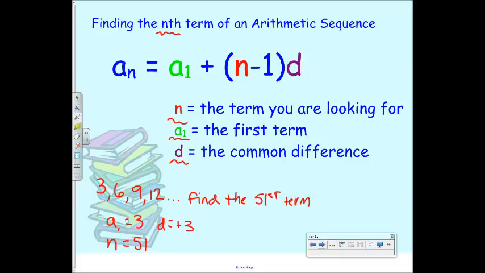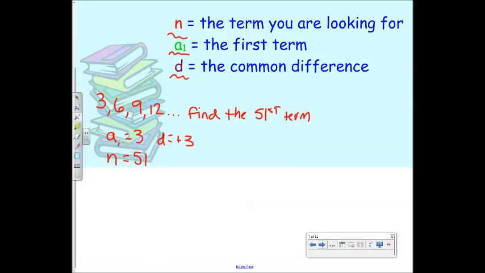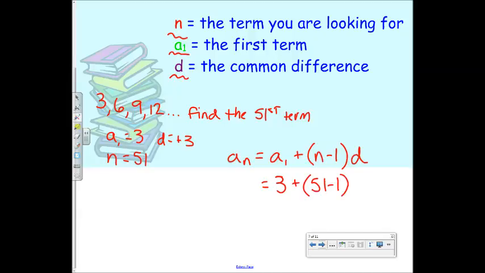So again, the formula is AN equals A1 plus N minus 1 times D. So AN is what we're looking for. A1 is 3 plus what's N? So 51 minus 1, and the common difference here is what? 3. So plus 3, I'm just going to write 3 because I don't need the positive sign. Okay?